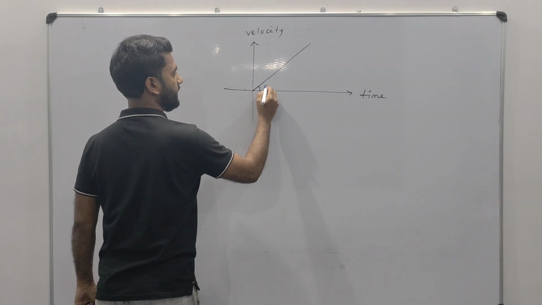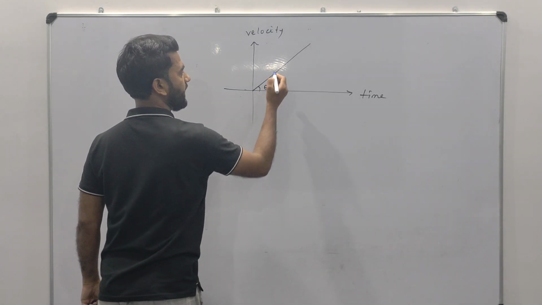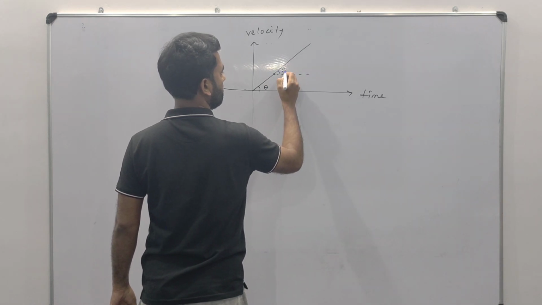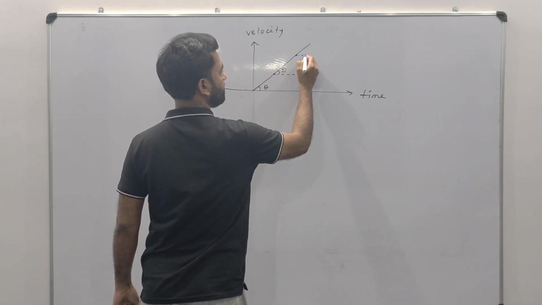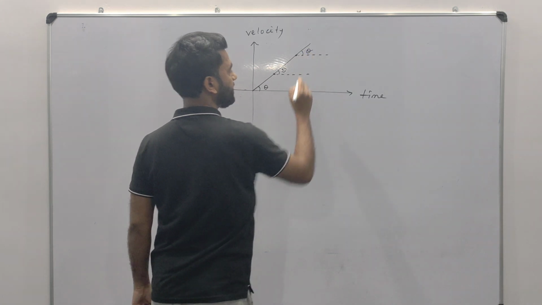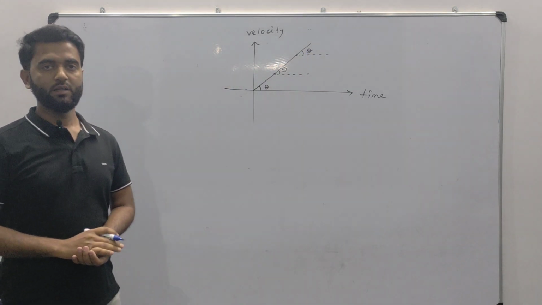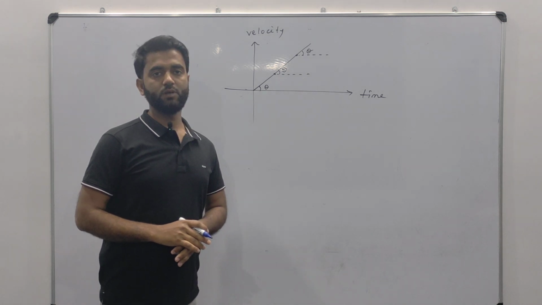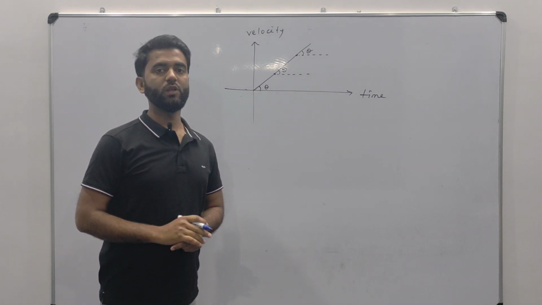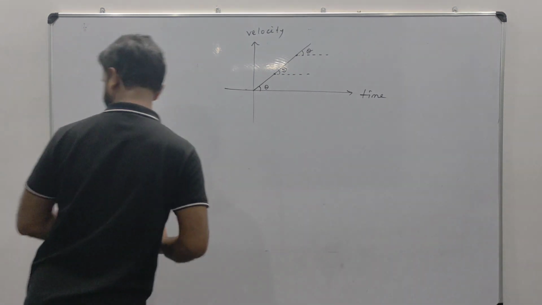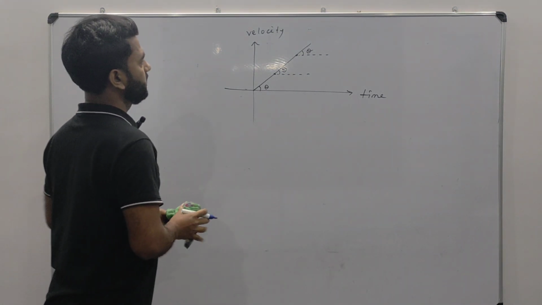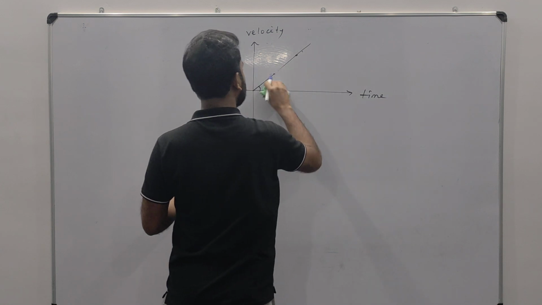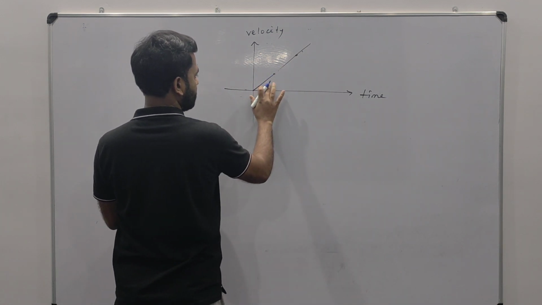If this is theta, then at every point of the line theta will be the same. As theta is the same everywhere, it is a clear indication that tan theta, or m, or the slope will be constant throughout the line. So tan theta being constant, we have to show that tan theta is actually the acceleration.